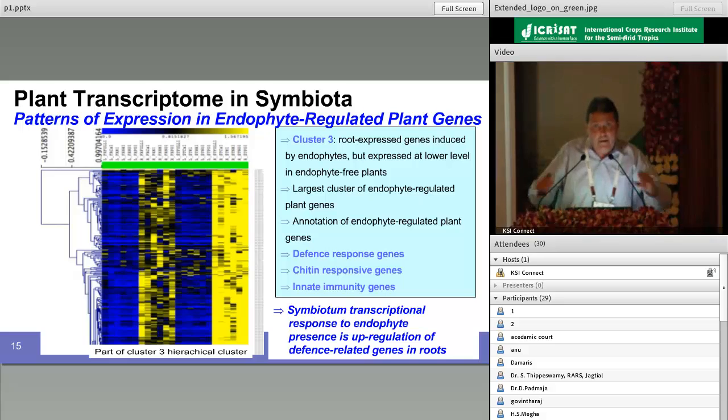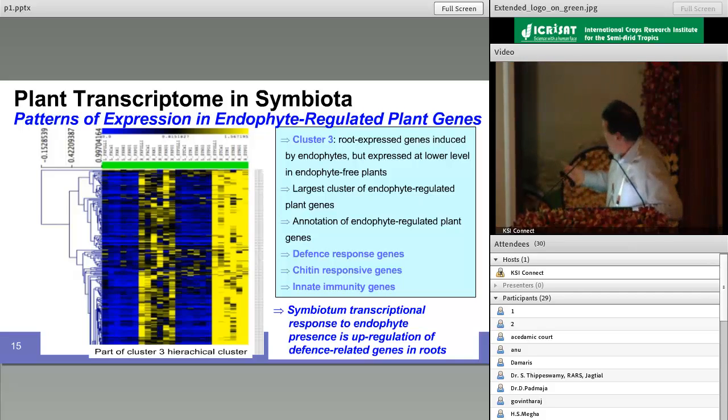To give another example, this is a particular focus on cluster number one. This is a range of root-expressed genes, and you see that they're particularly expressed in the root samples but are now repressed by the presence of the fungal endophytes. If we look at the annotation of some of those, here's a nice example: this is a MAX2 F-box leucine-rich repeat gene that is involved in signaling of strigolactones.